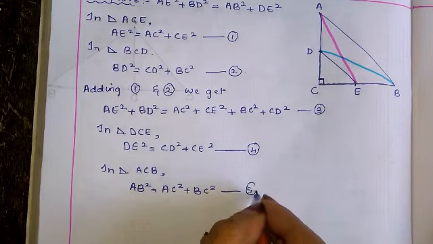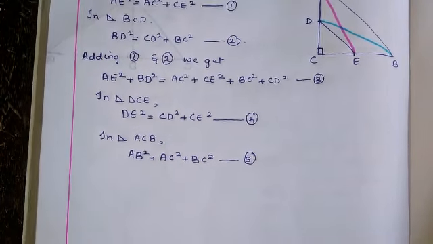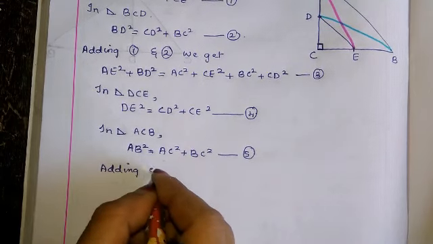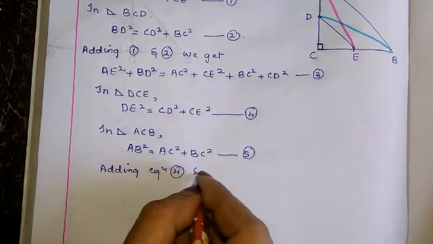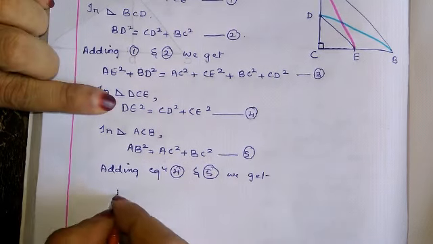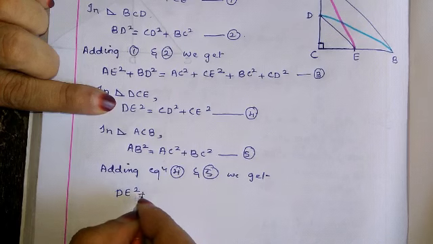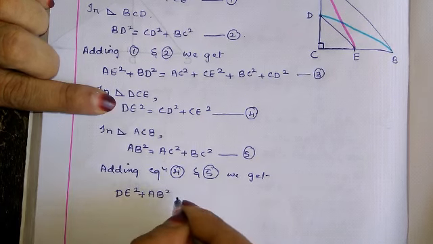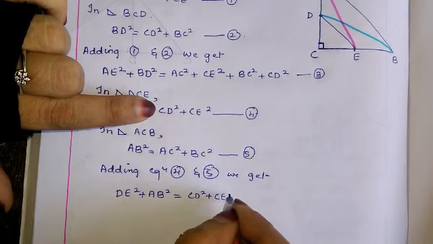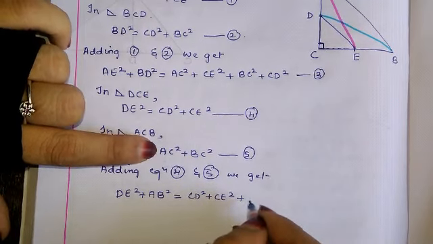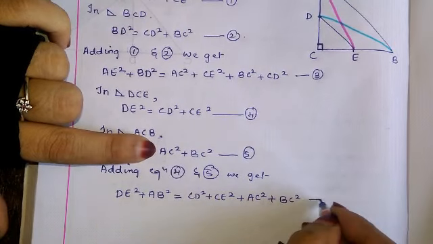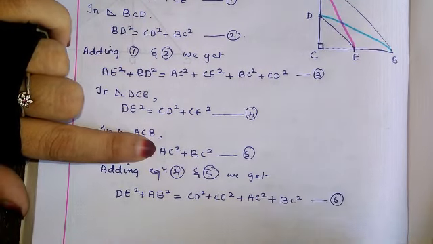Equation 5. Now adding equations 4 and 5 we get DE square plus AB square is equal to CD square plus CE square plus AC square plus BC square. Let us consider this as equation 6.